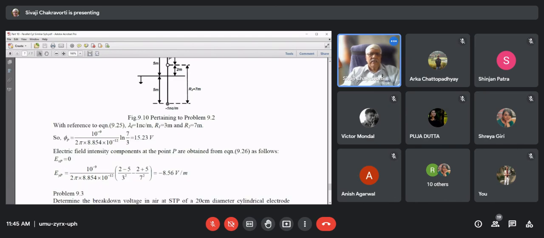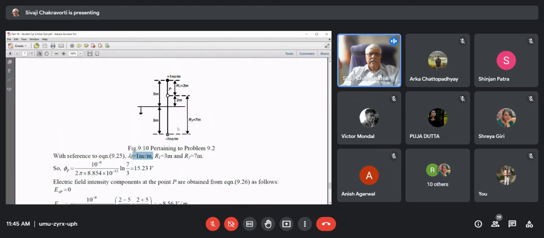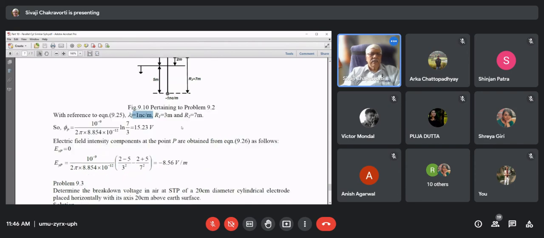So here you can see lambda 1 is given, then R1 and R2. R1 is the distance from plus lambda 1, so that is 3 meter. R2 is the distance from minus lambda 1, which is 5 meter plus 2 meter, 7 meter. So we can find out the expression of potential, which is in terms of ln R2 by R1, already stated earlier.